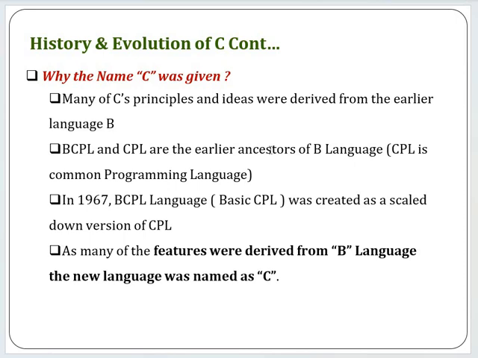BCPL emerged in 1967 as a simplified version of CPL, aiming for efficiency and practicality. So that is then the influence on C. Many of C's features and principles were inherited from the B language, hence its name C, suggesting the next step in the evolutionary chain.